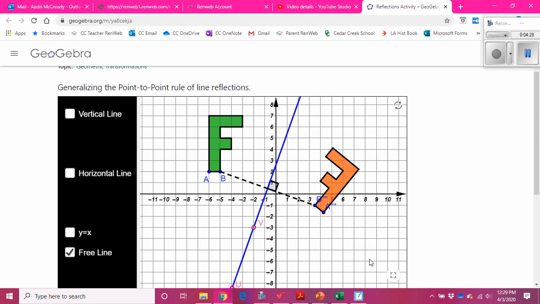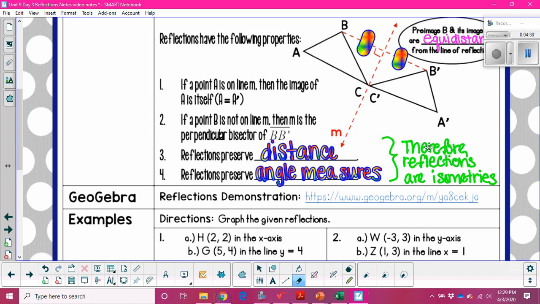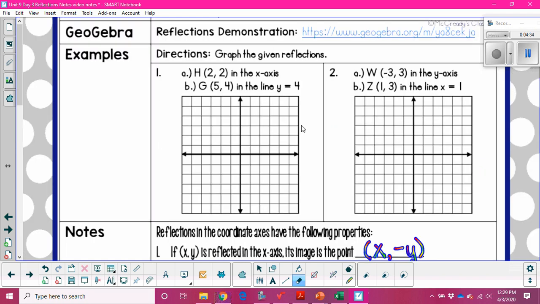Going back to our notes, let's look at a couple examples. This says graph the given reflections. You have point H, which is at (2, 2), and we need to reflect it in the x-axis.